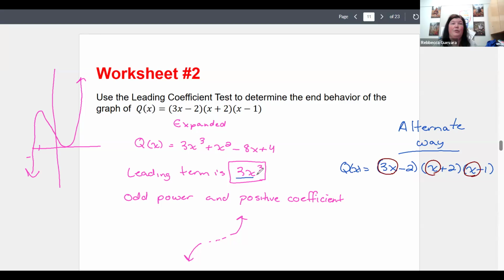That's how we ended up with the 3x cubed. So if we just take the leading term of each one of our factors and multiply them together, that also gives me 3x cubed. So another way to find your leading term is you can expand everything like this, or you just take the leading term of each factor.